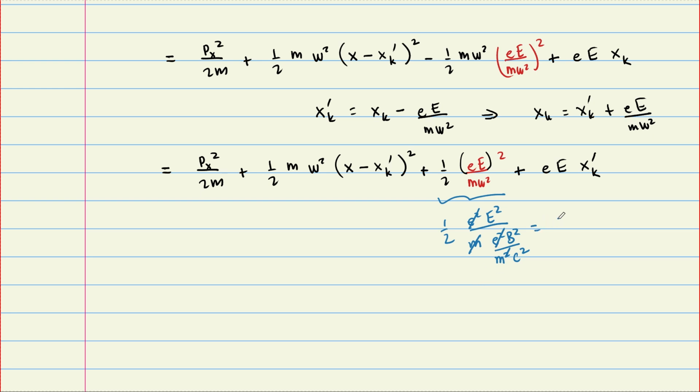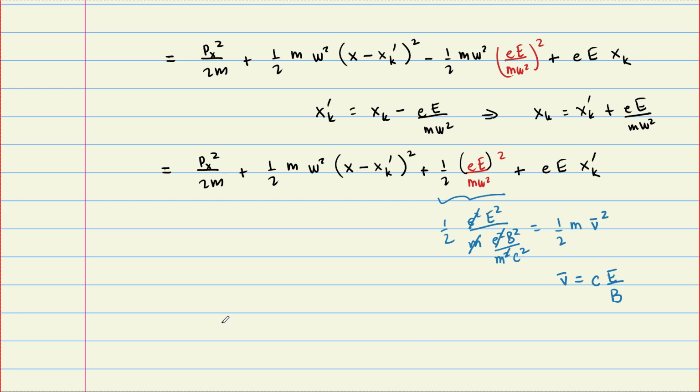So this turns out to be 1/2. There is only one m here, and let me define it like v bar squared. So this is what we called drift velocity previously, and this v bar is going to be c times E over B. I think I didn't miss anything. Let me check. Yes, I think that's correct.